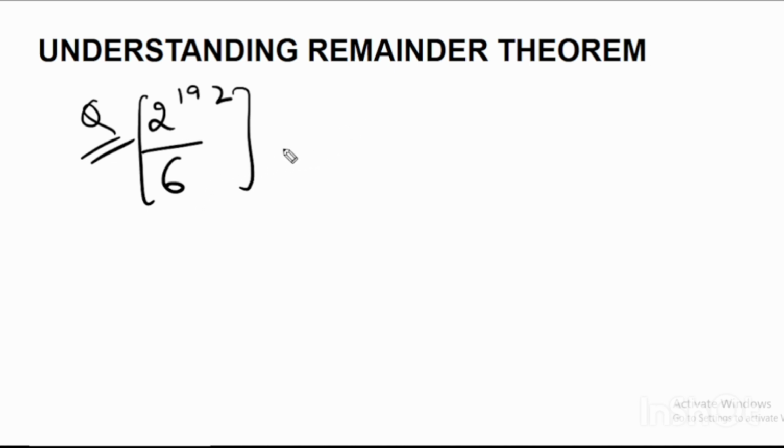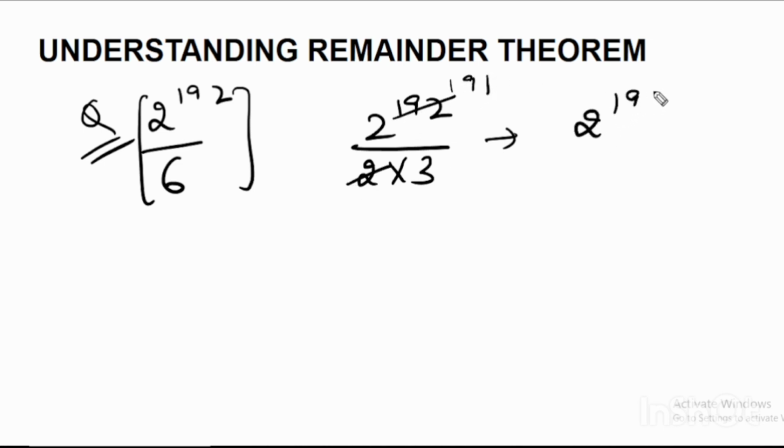So what are you going to do? 2 power 192 divided by 2 into 3. You simplify the denominator, so it will become 2 power 191 divided by 3. Just remember the number you simplified, that is 2, which needs to be multiplied with your final remainder.